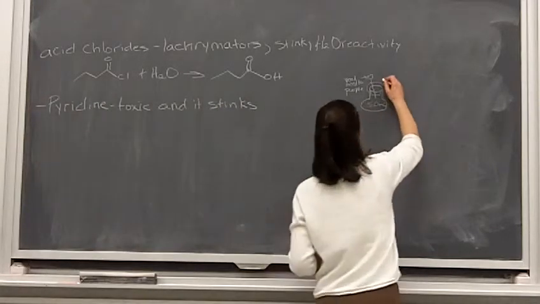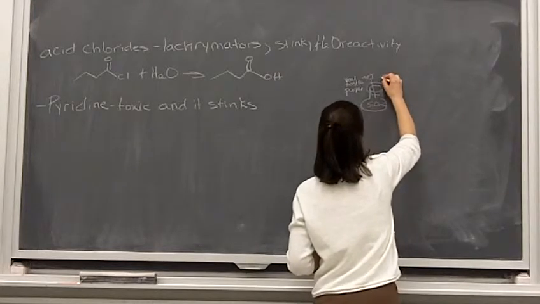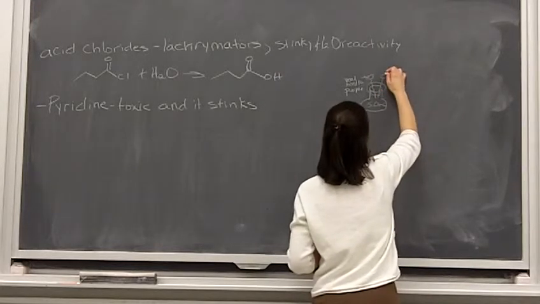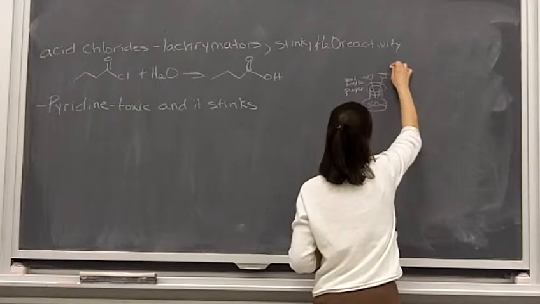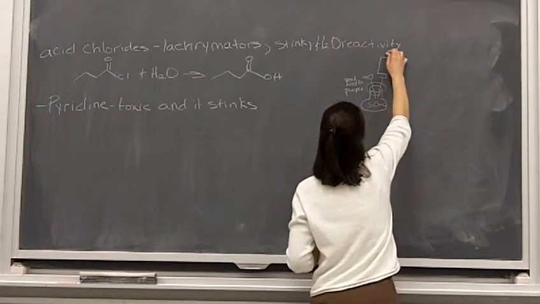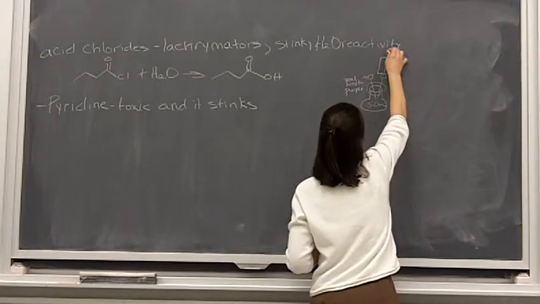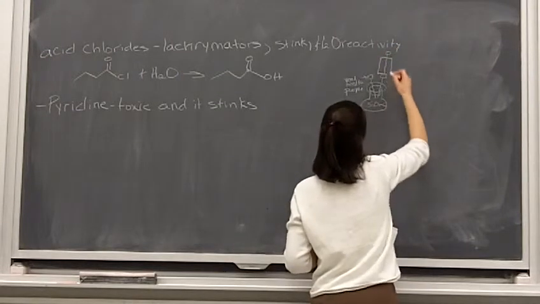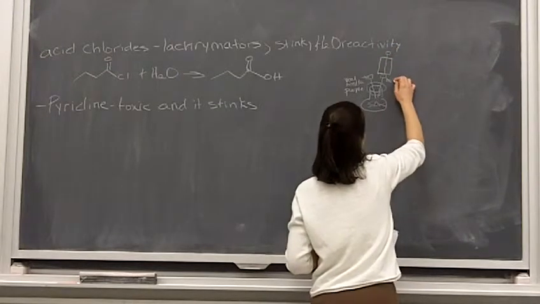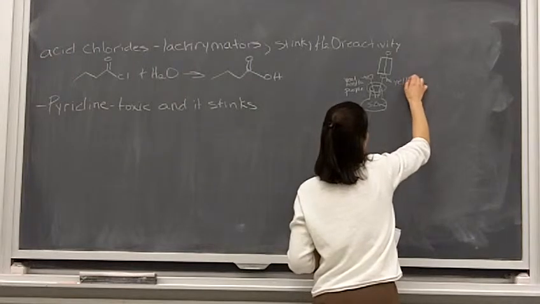So the other color needle is the yellow one. It's going to be on the syringe that's going to be used to put your acid chloride into your reaction, okay? So this is the yellow needle, all right?